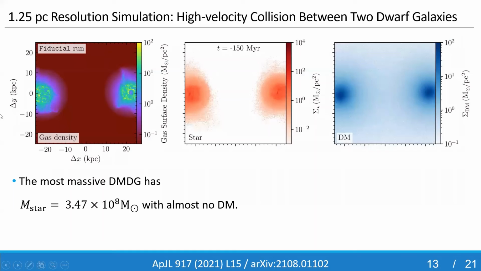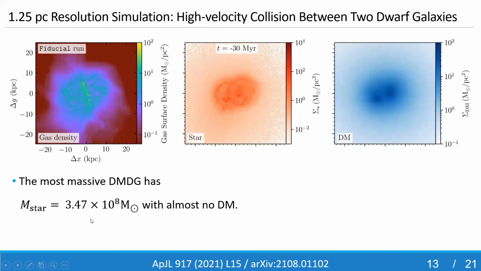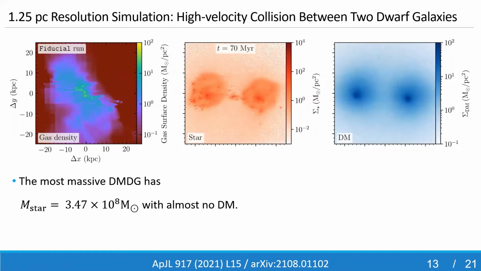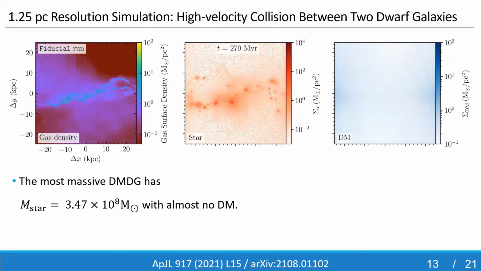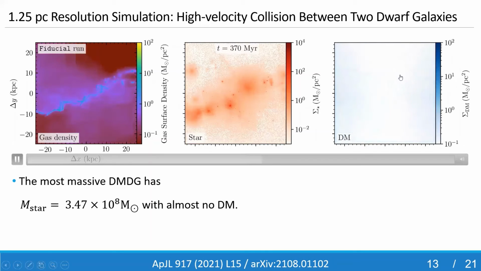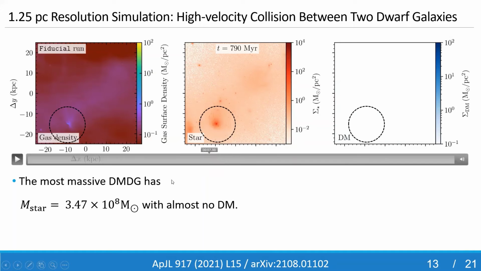Here is the movie of the whole simulation in this work. So you can see that dark matter passes through here and gas remains near the collision point, and then they form a dark matter deficient galaxy as shown in the dashed circle.